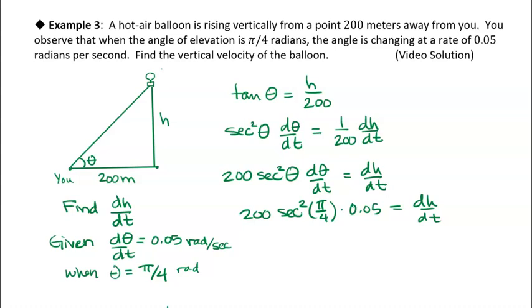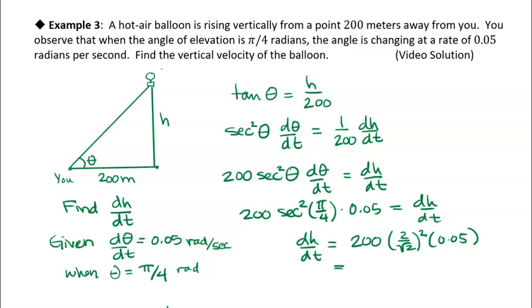I'm going to write this over. dh/dt is equal to 200, and then secant is one over cosine, so I'm going to have 2 over square root of 2, squared, and then times 0.05. Multiply that out, and I got 20.